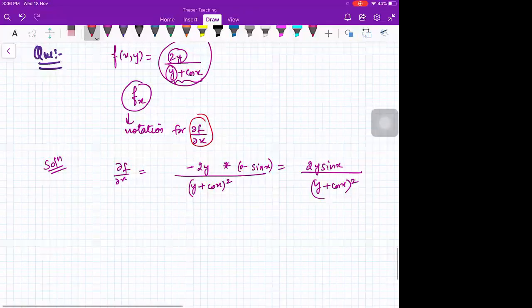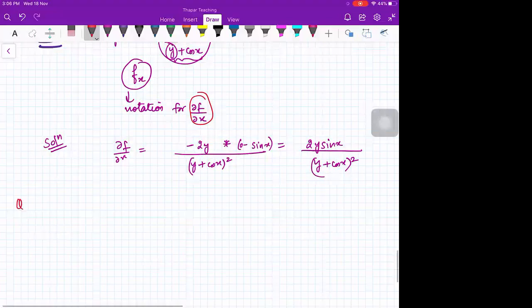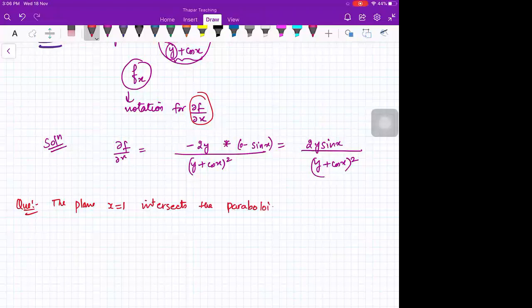So let us do this. The plane x equal to 1 intersects the paraboloid z equal to x square plus y square in a parabola.